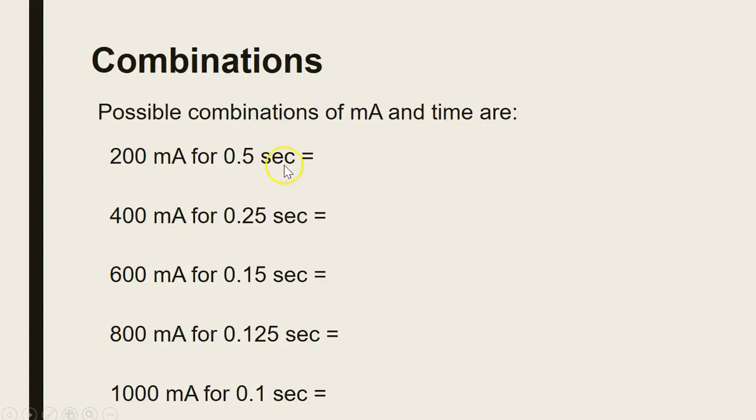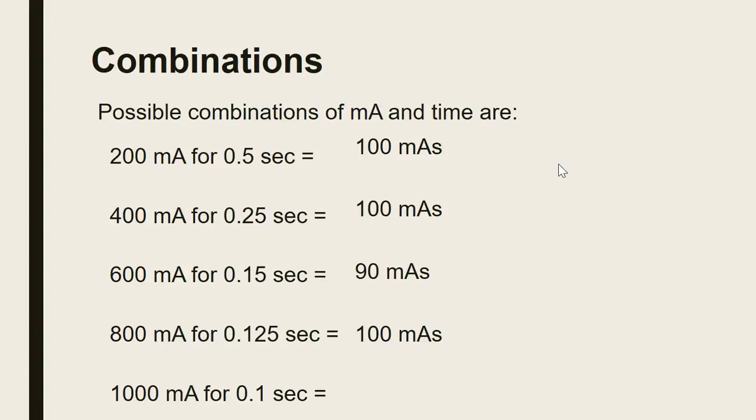Well, first of all, find out the mass: 100 mass, 100 mass, 90 mass, 100 mass, and 100 mass. If there are no extenuating circumstances involved in your question, and it just says which ones of these are possible, there's probably an any of the above or all of the above, because any of those will work.